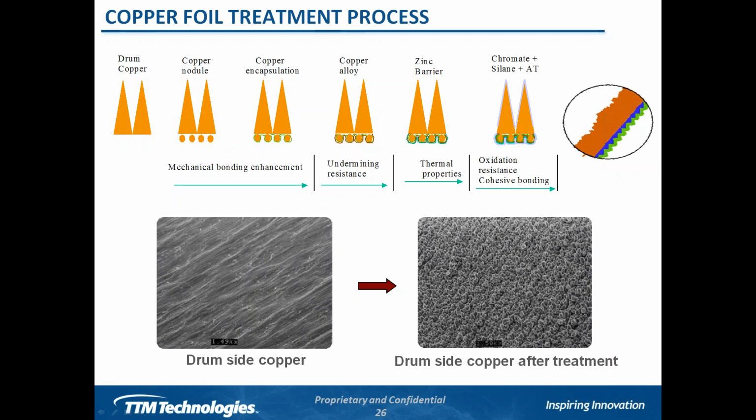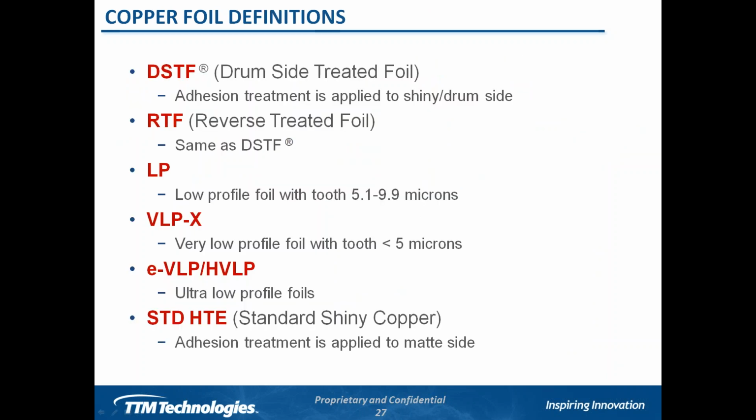So they're actually treating both sides, and then one side will end up being pressed onto their resin. Then the other side will be provided to us, the PCB manufacturers, as is. And in terms of what side they press where, it all depends on what you're ordering.